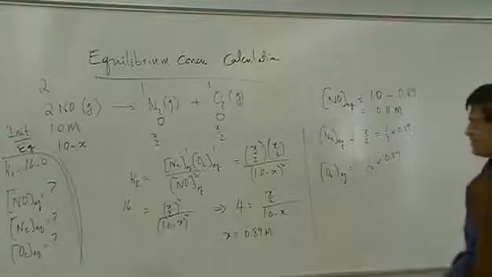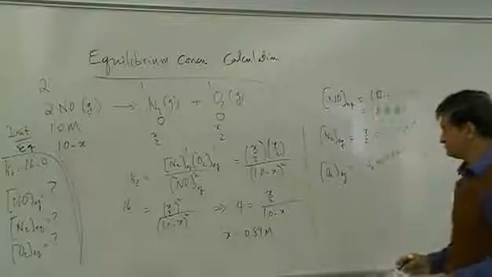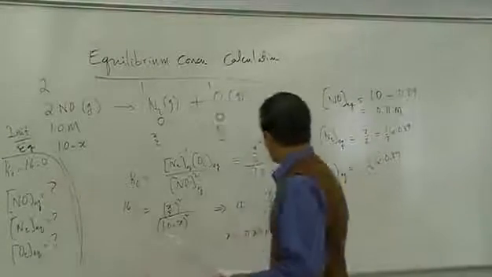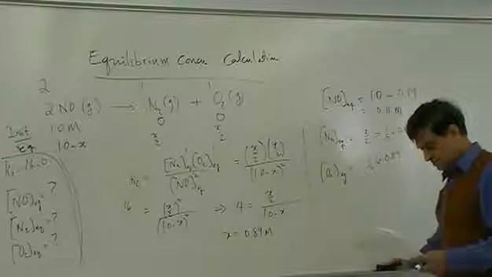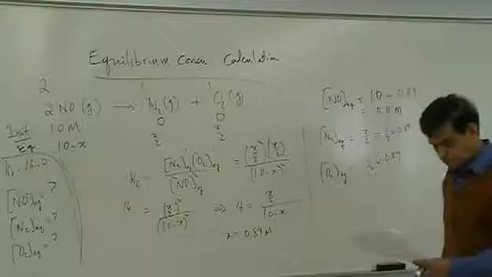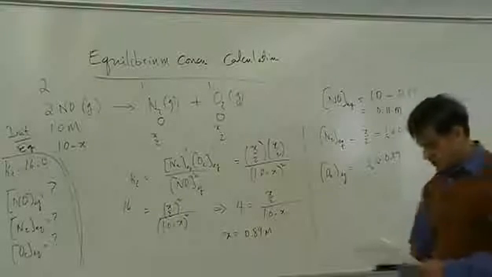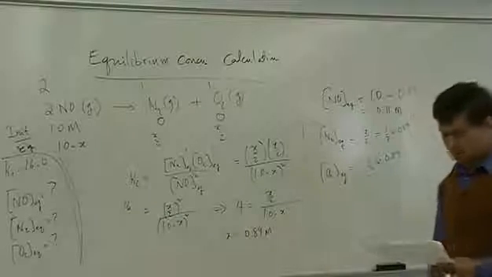So we got all these equilibrium concentration values. And make sure you understand every step of these calculations. The next problem that I'd like to go over would apply what we call Le Chatelier's principle.